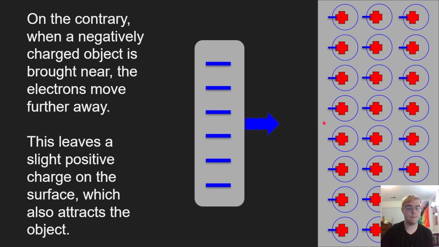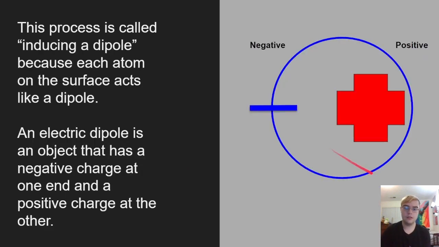Now, why do we call this inducing a dipole? Well, this is a closer up representation of the atom, specifically when it has been near a charged object.